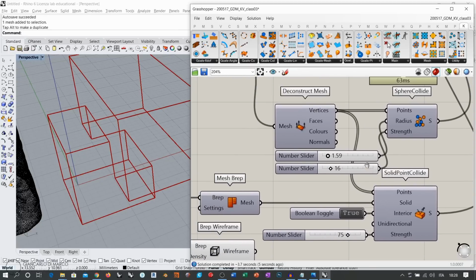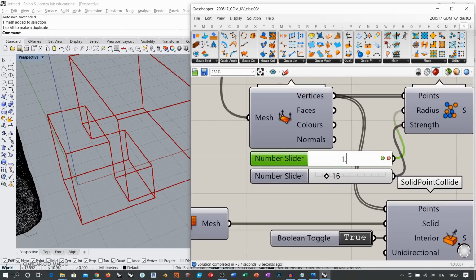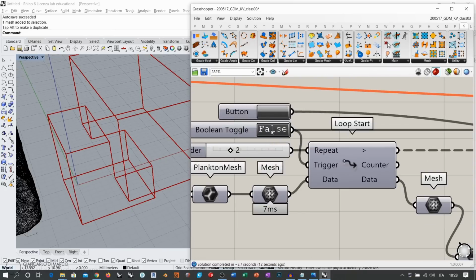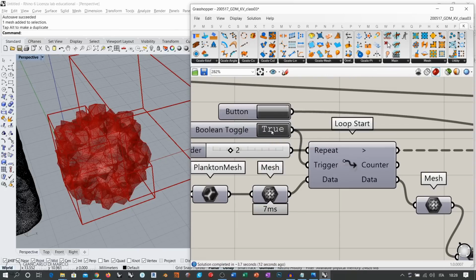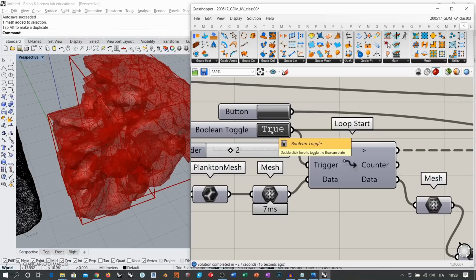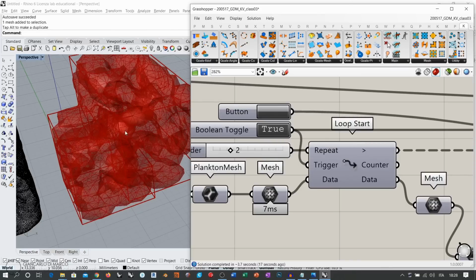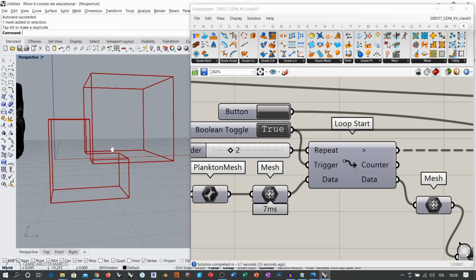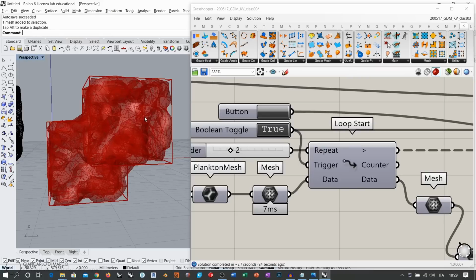So let's decrease this to 1.25. It's a little trial and error, but this is how it works. Yeah, now we have some kind of balance between the two values. As you can see, the mesh tends to occupy the whole volume during the iterations. Okay, so this is the trick.